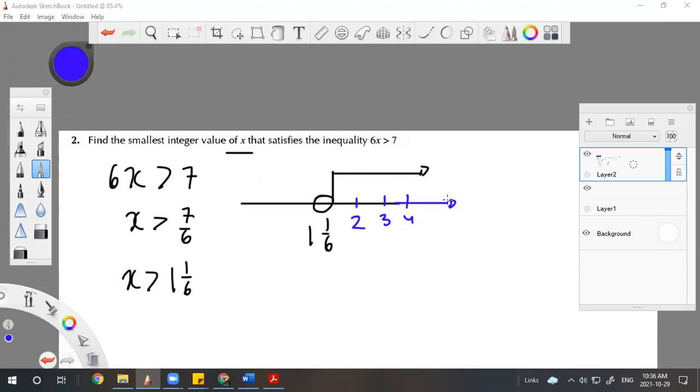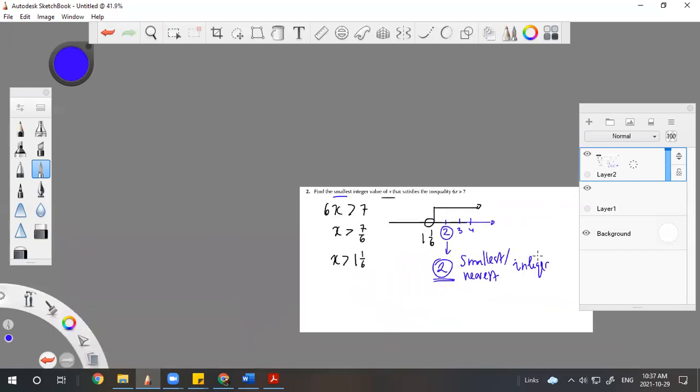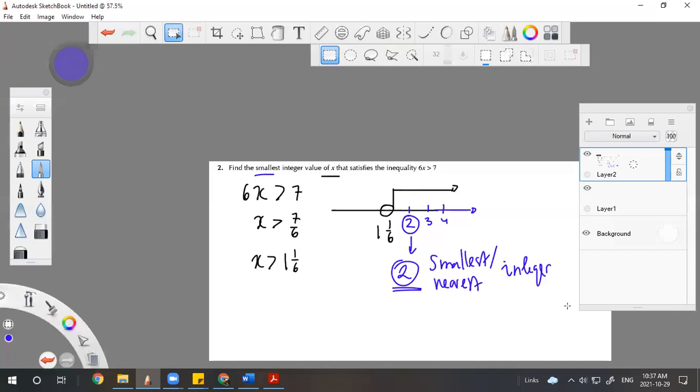But they are asking for the smallest. So that's the answer. Smallest or nearest integer. See? Piece of cake. It's not too hard.